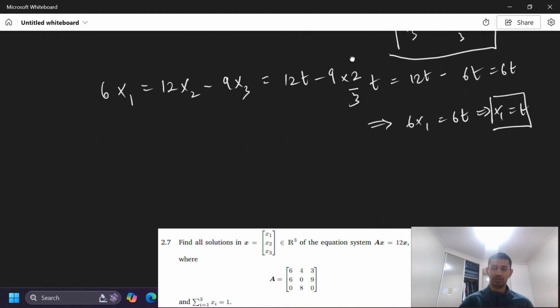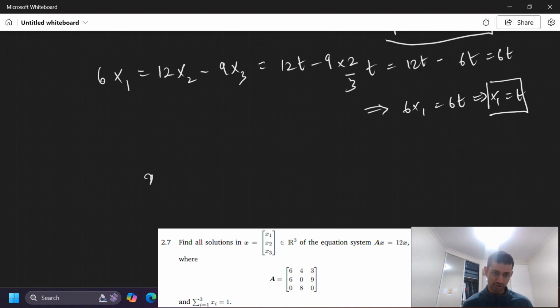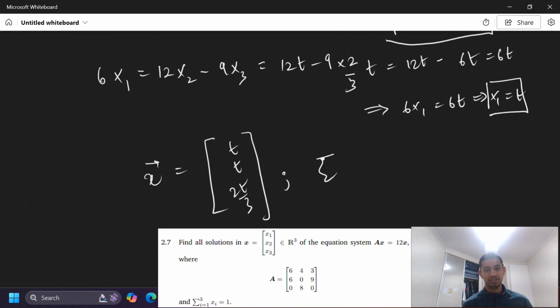That's simple as well. So if you look at the solution vector, which is x, it looks something like t, t, 2t over 3. Now we have been given something which is, my bad, that's not a very pretty looking sigma, that if you go 3 times and you start at i is equal to 1, x i, that is 1.